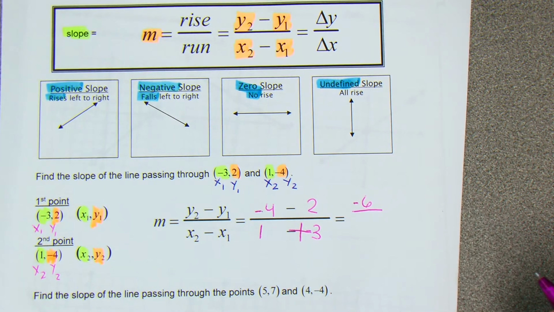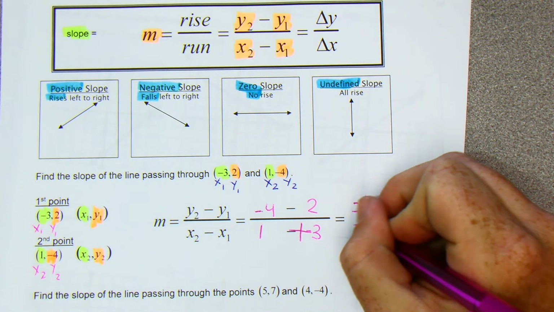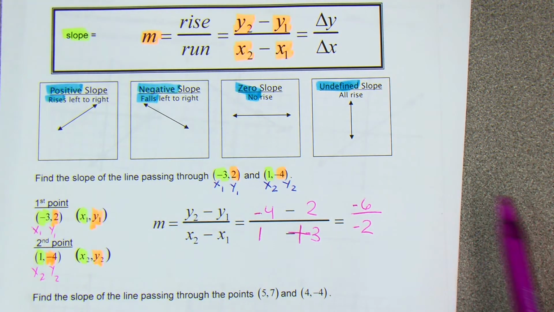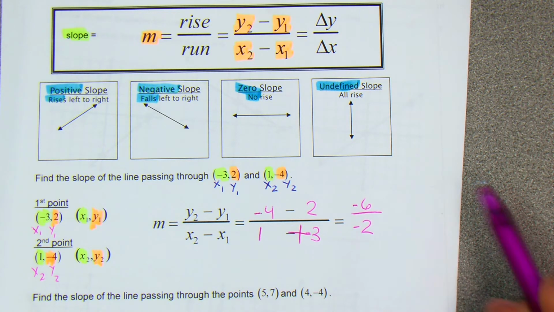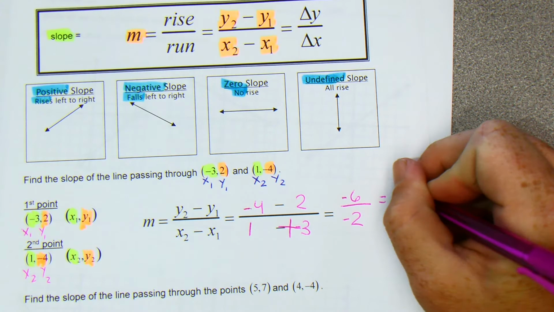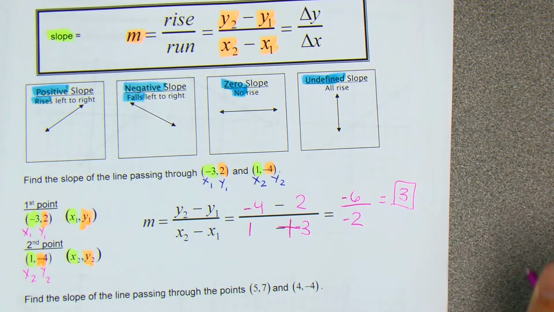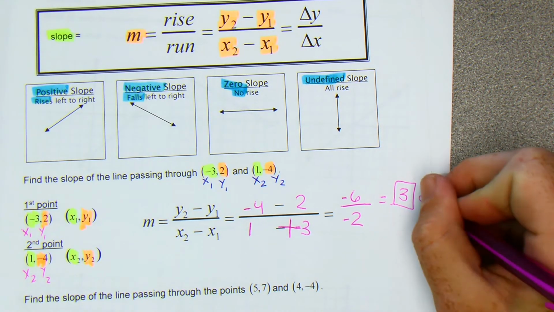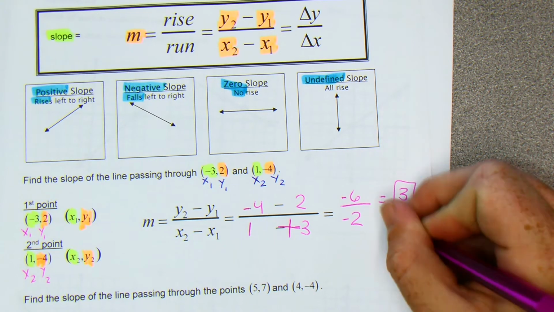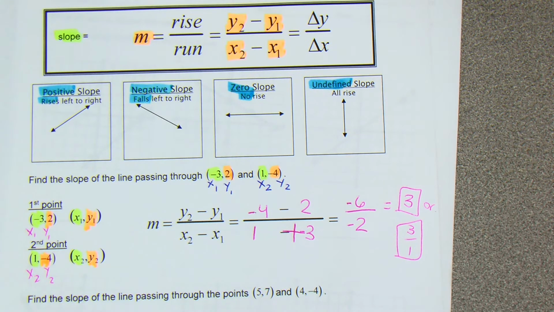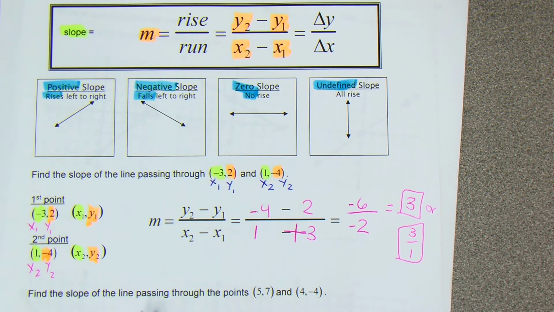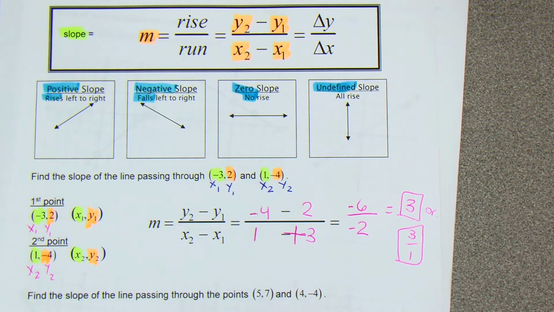So we have 1 plus 3, which gives me 4. Wait, I said that incorrectly; we have 1 minus -3, which is 4, but I wrote -2 here. We can reduce this because -2 goes into -6 3 times. So our slope is 3. We can write it as 3 or 3 over 1. So the slope of the line that passes through -3, 2 and 1, -4 is 3 or 3 over 1.